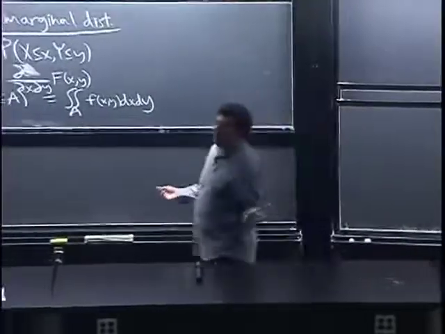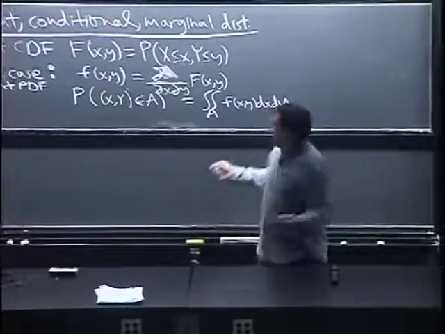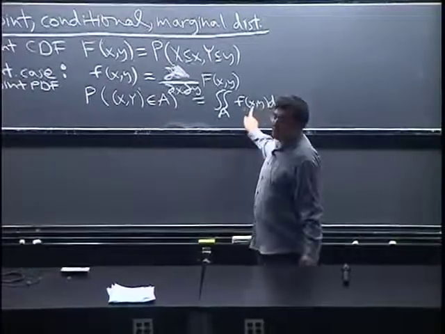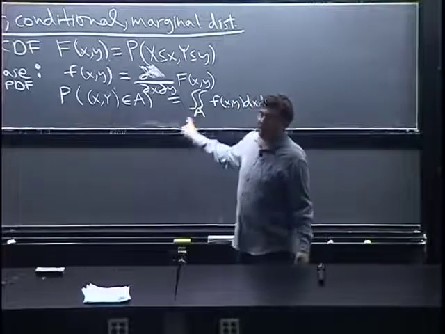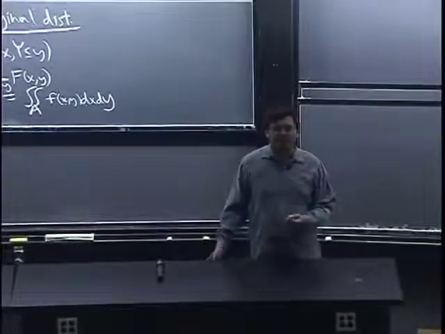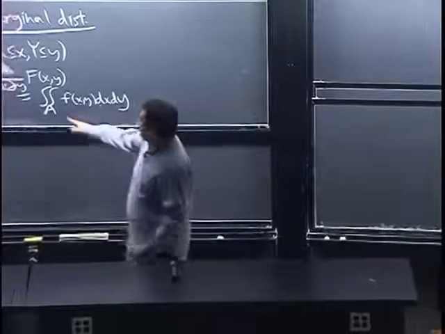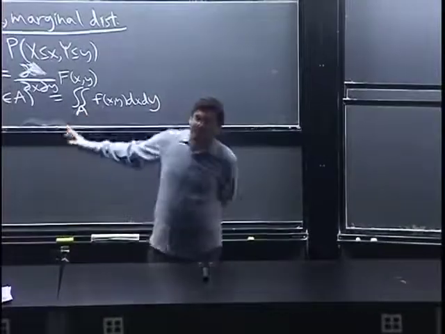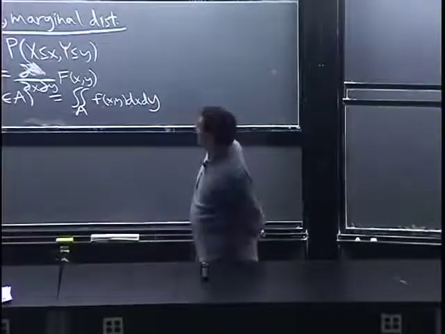If you haven't done double integrals before, again, it's no big deal. Just integrate with respect to x, holding y constant, then integrate with respect to y. Basically, the only complicated thing is figuring out the limits of integration. So I just wrote double integral over A, because A could be any region in the plane.